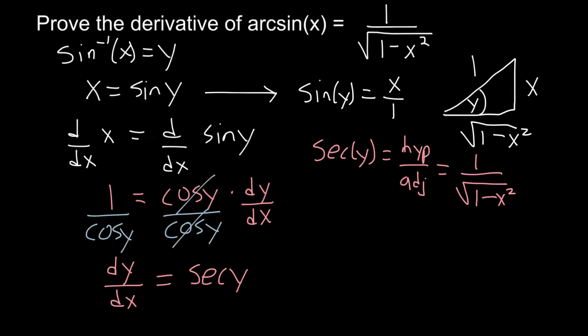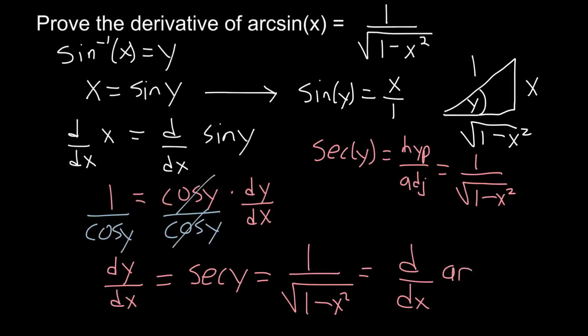And so substituting that back into our equation, we have dy/dx is equal to 1 over the square root of 1 minus x squared. And of course, that is equal to the derivative of arcsine x.